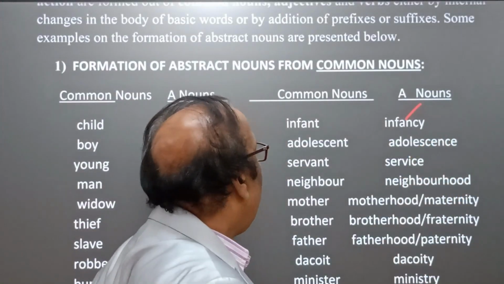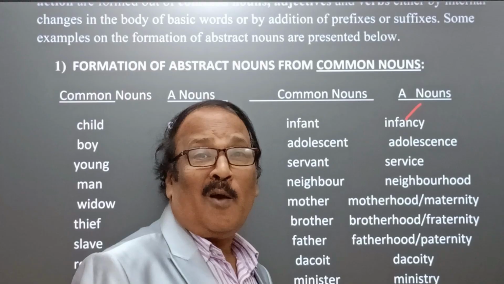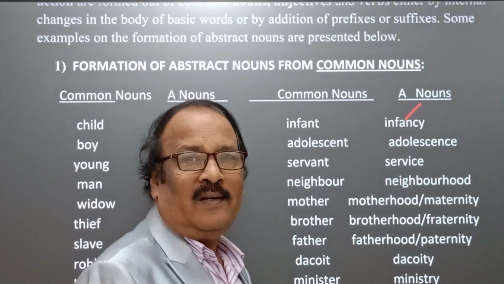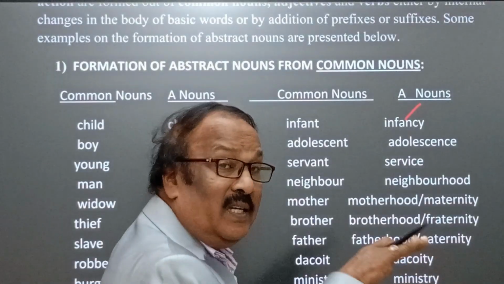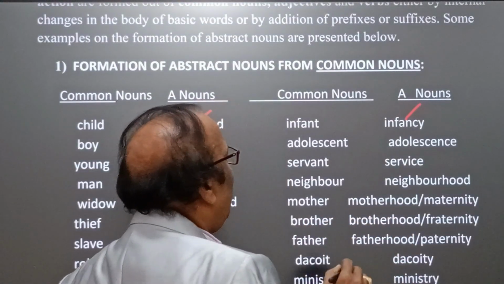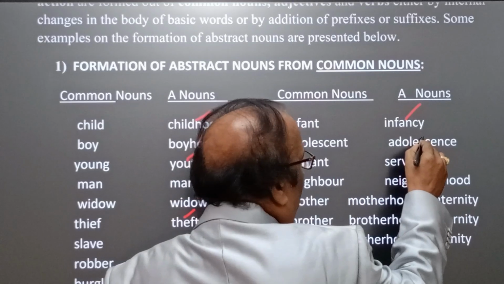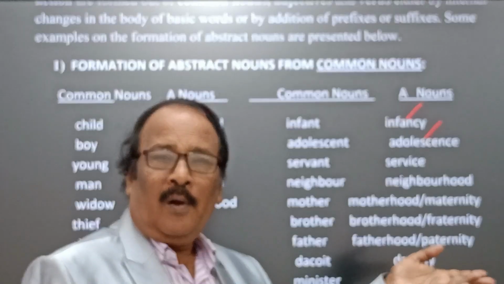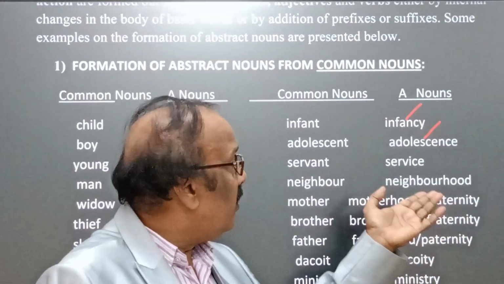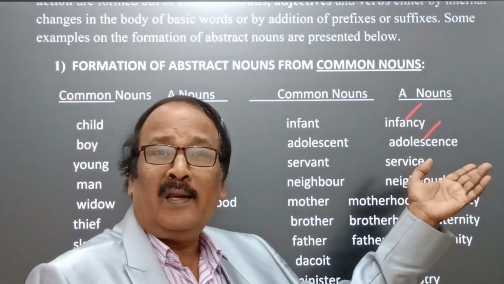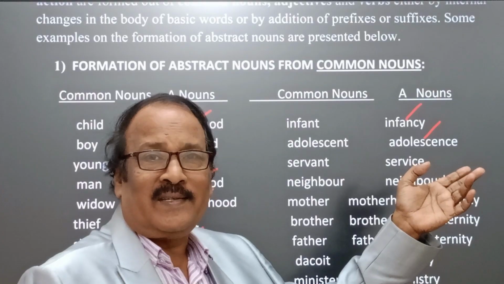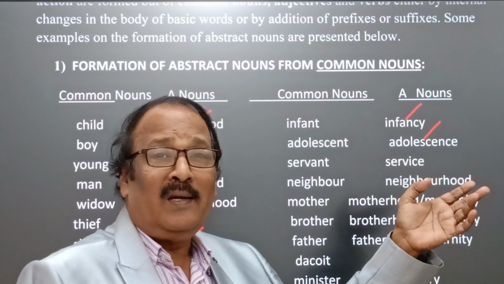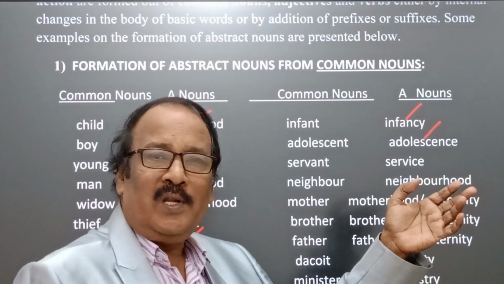In Odia we say Saisava, Sishu Saisava, a stage of human life. Then adolescence. Naturally, secondary level children are at the adolescent stage, which continues usually from 8 or 9 to 19 or 20.